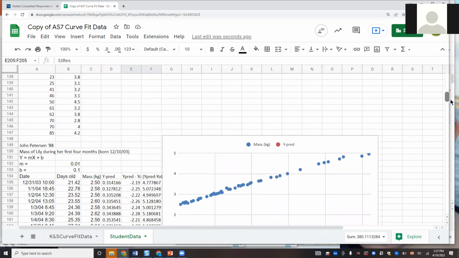I'm going to move my sum of square residuals to the top so it's easier to look at both at the same time.